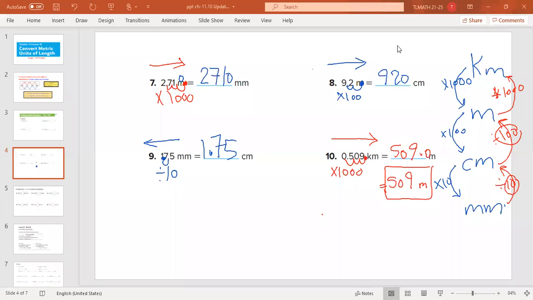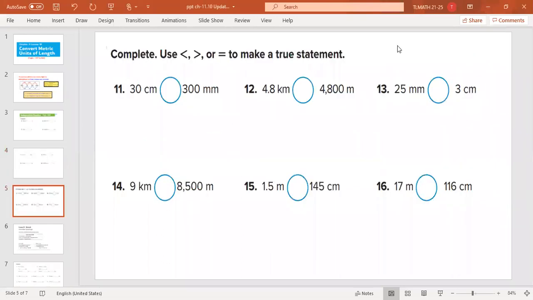Here I have these equations comparing two different units. When I want to compare two different units, I need to convert one of them to the other. For example, if I have centimeter and millimeter, I need to make them both the same, either both centimeters or both millimeters.